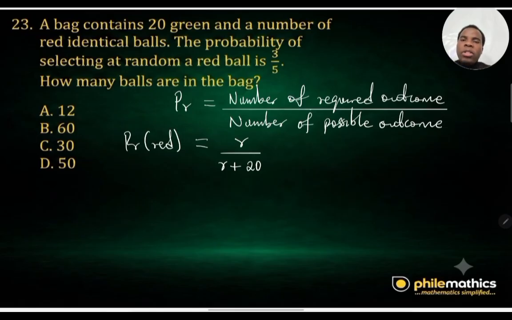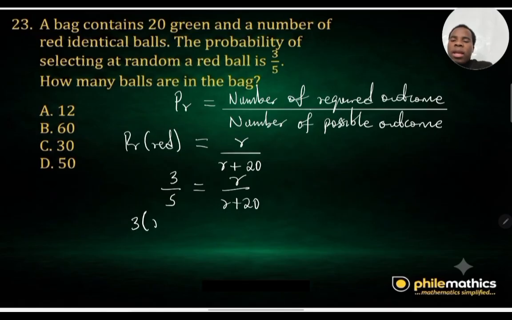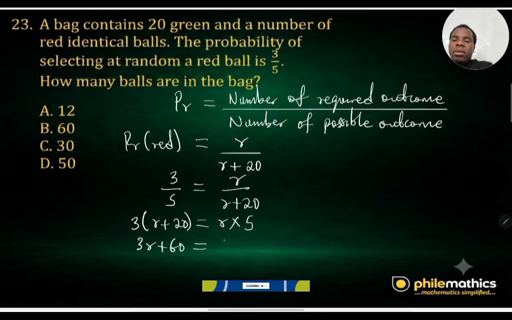We are given the probability of red ball to be 3/5. So 3/5, this will be R over R plus 20. So now we can look for the number of red balls. If we cross multiply, we have 3 multiply R plus 20 and R multiply 5. This 3R plus 60 equals 5R.